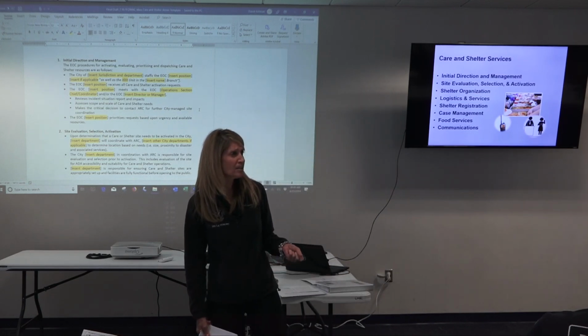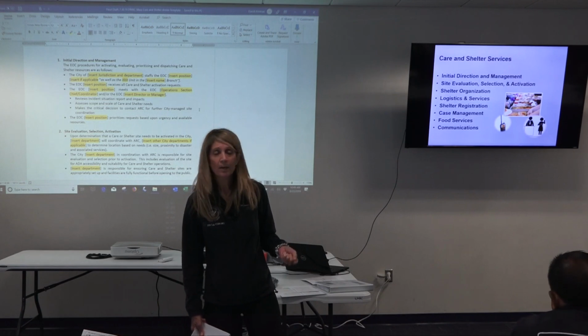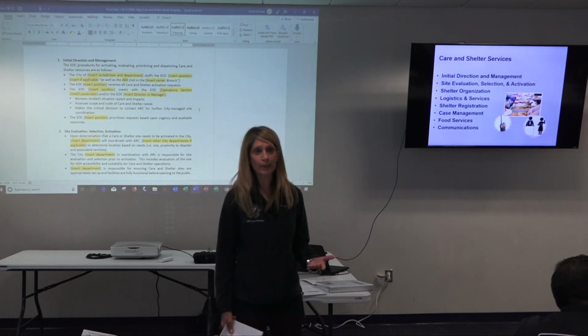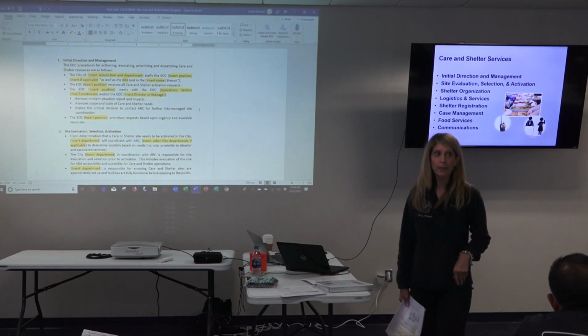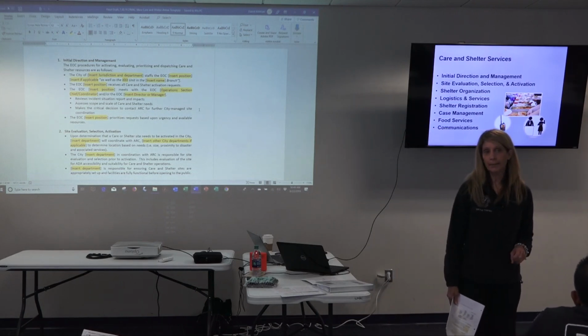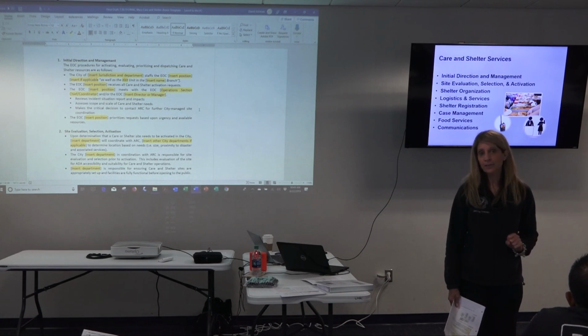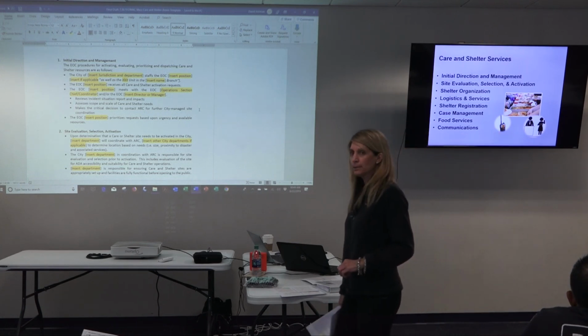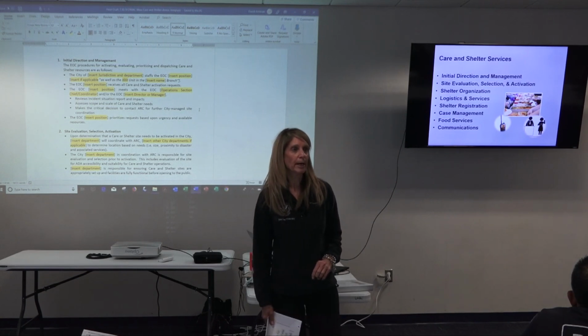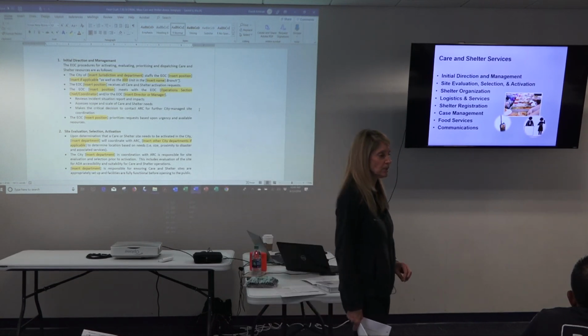And how many pages is it? Have you seen it, Mike? It's a little bit. It's like 30 to 40 pages. It's pretty extensive. So what I'm going to heartily recommend is that you all find that guidance, or if you have an ADA liaison in your city, work with them closely and go out and do that accessibility inspection on your sites ahead of time as a preparedness activity.